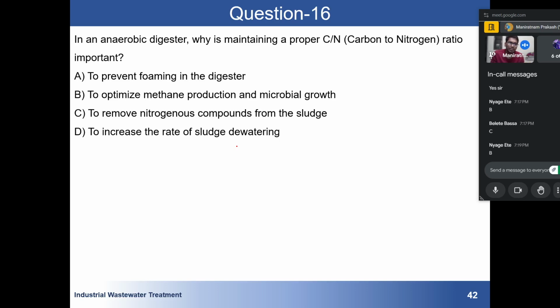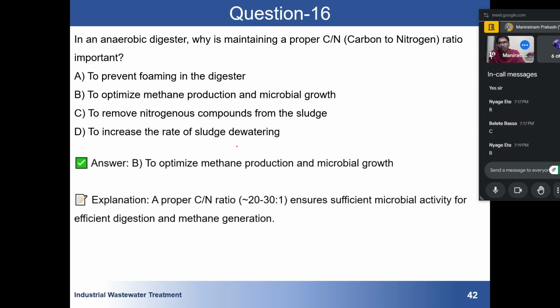B got one answer. Yes, the correct answer is B, that is to optimize the methane production.